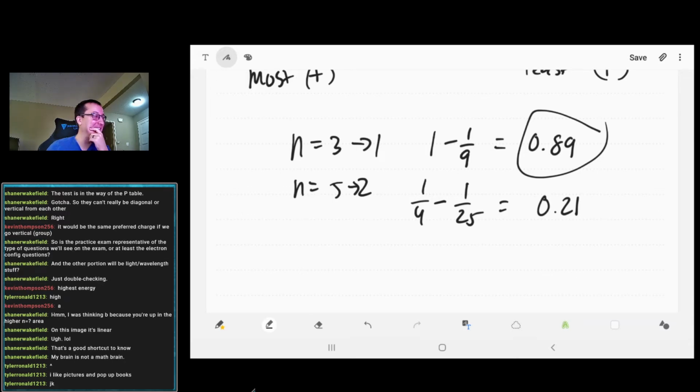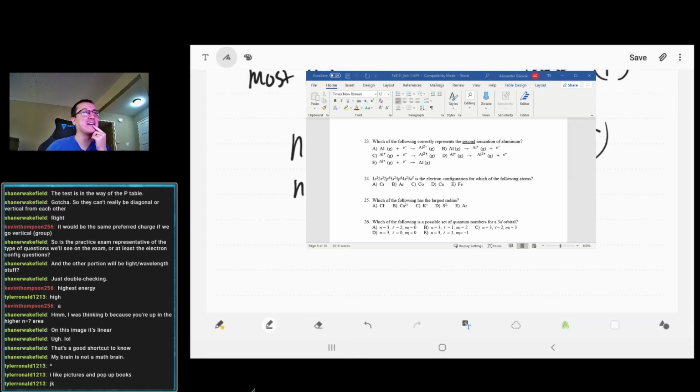Okay, let's look at number 23. This one is going to be the second ionization energy. So the first ionization energy was what? The one that we did the trend of. What was the definition of ionization?